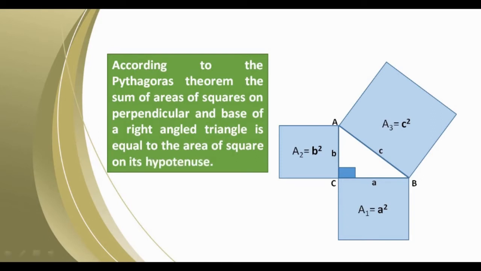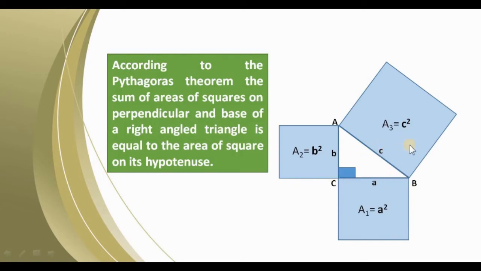According to the Pythagoras theorem, the sum of areas of squares on the perpendicular and the base of a right angled triangle is equal to the area of square on its hypotenuse. This is hypotenuse, this side is base, and this side is perpendicular, but here named as ABC.